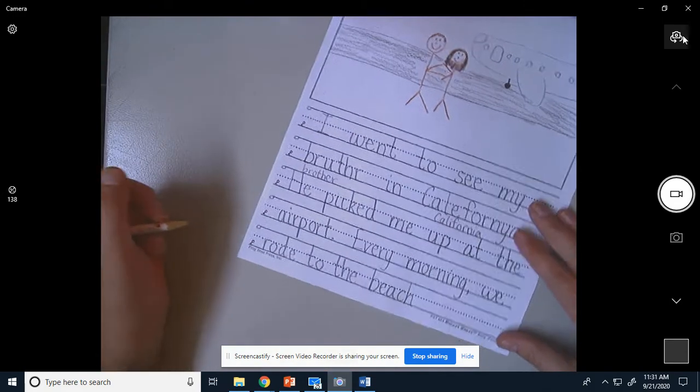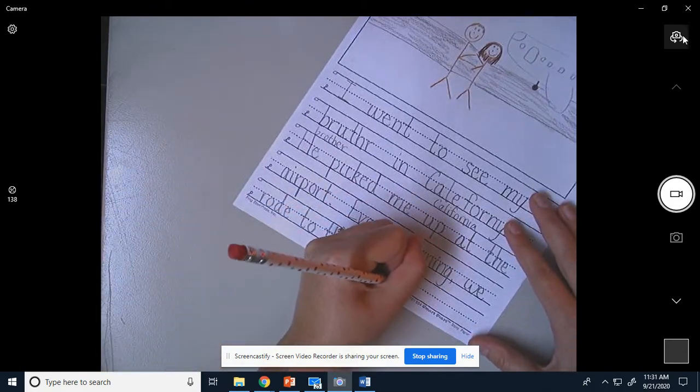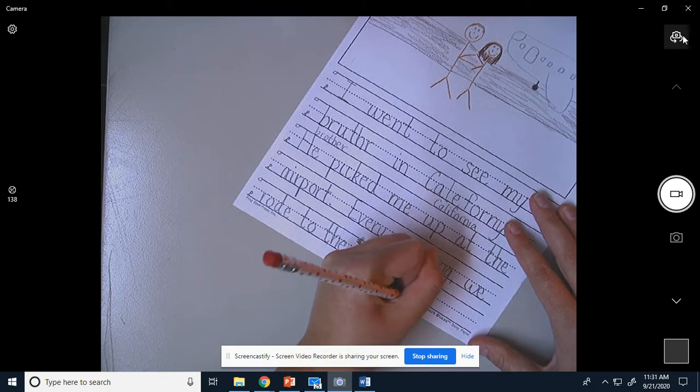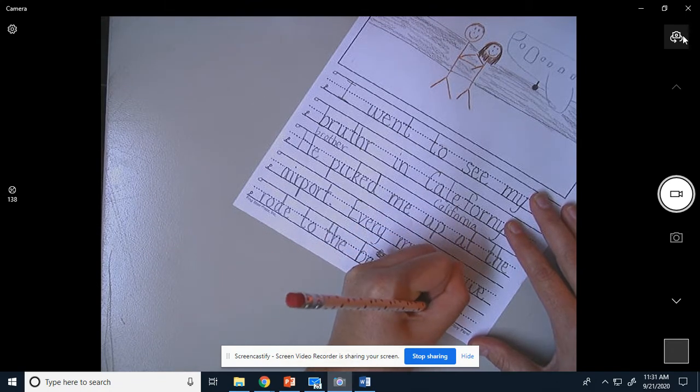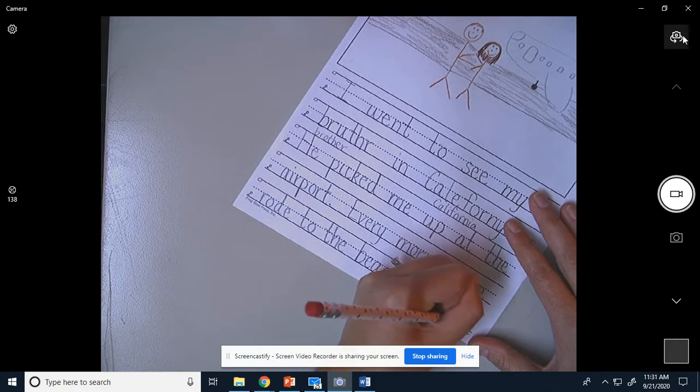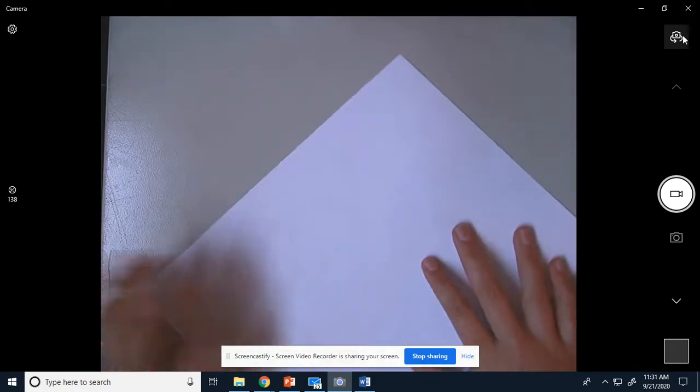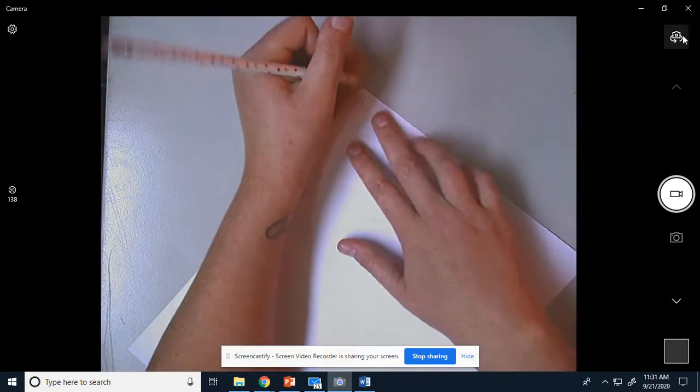We rode to the beach and ate breakfast. Okay, I don't have any more space, so I'm going to start on the back.